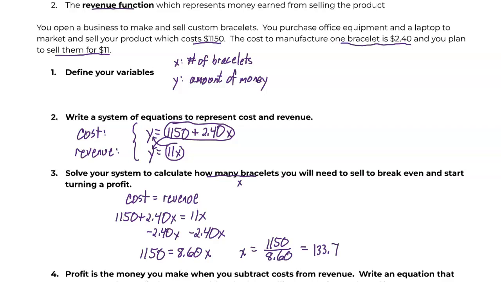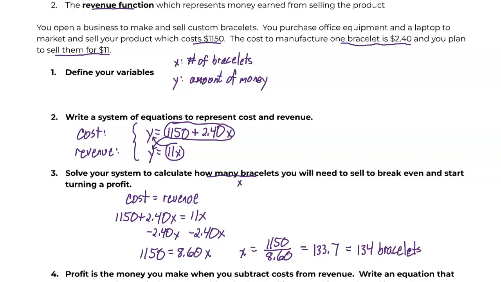X equals 133.7. Now let's think about the context of the situation. What was X representing? Number of bracelets that needed to be manufactured and then sold. Well, you can't sell a decimal amount of bracelets, so we need to round this for this to make sense in context. 134 bracelets.